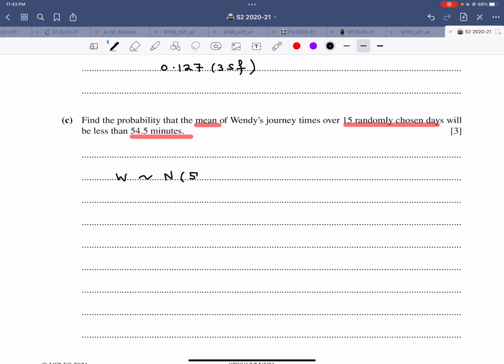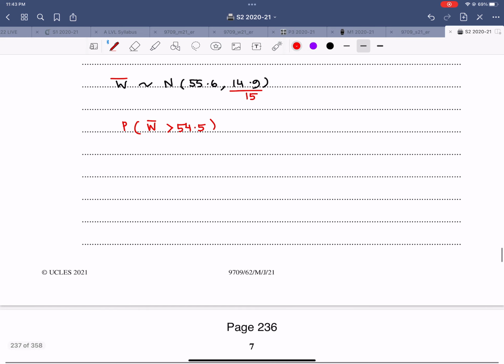But this question is about sample mean. So, when it's about sample mean, you put a bar, you divide the variance by the number of samples, which is 15, and then you calculate probability W bar is greater than 54.5. That is probability Z is greater than 54.5 minus 55.6 divided by square root of 14.9 divided by 15.